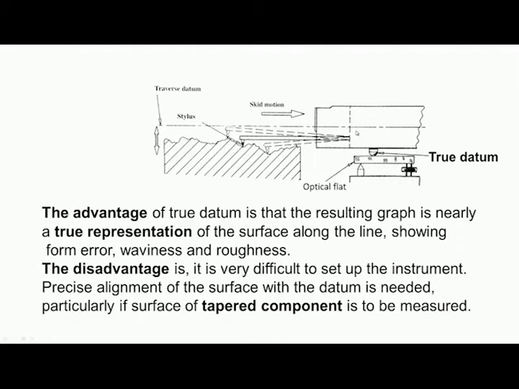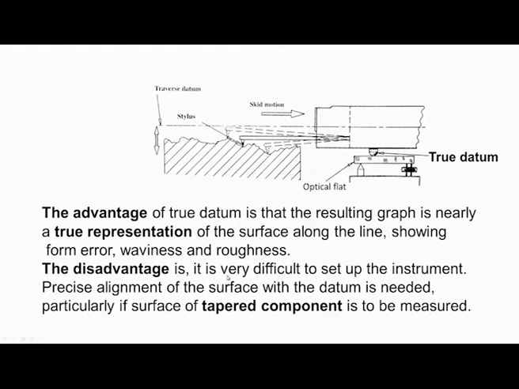When we move the pickup, you can see the stylus will move up and down depending upon the surface roughness and waviness. Now, the advantage of true datum is that the resulting graph is nearly a true representation of the surface along the line, showing form error, waviness and roughness. So, it gives a total profile.